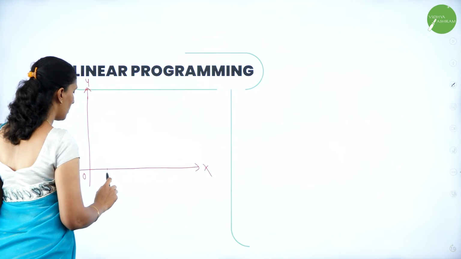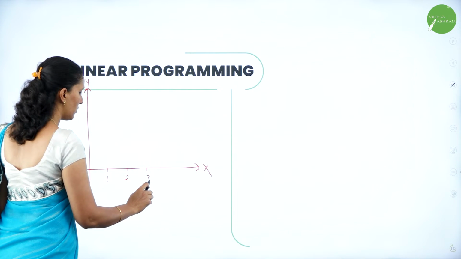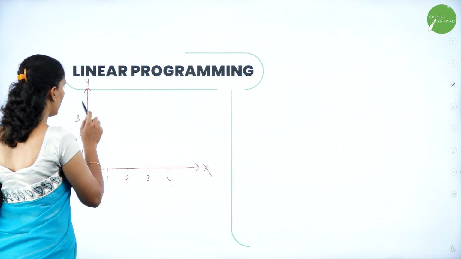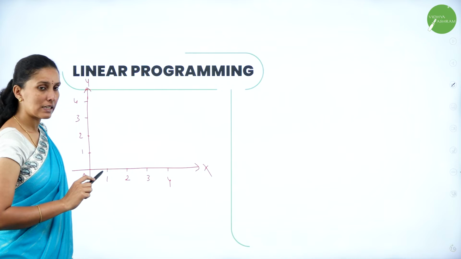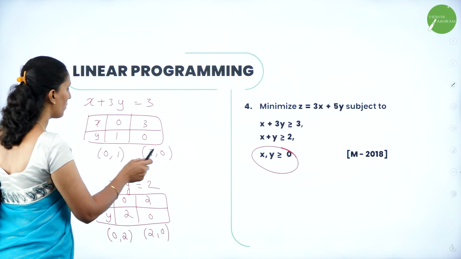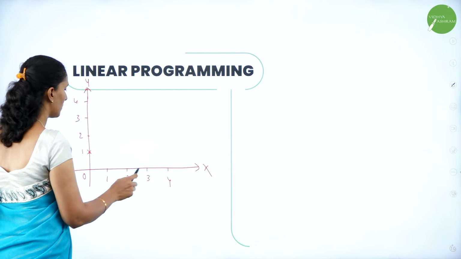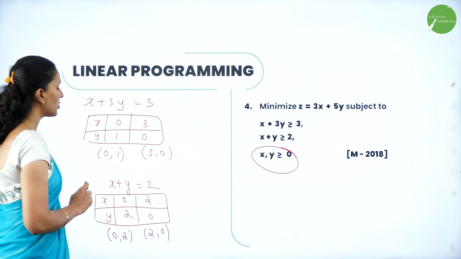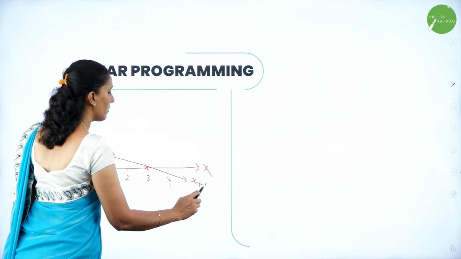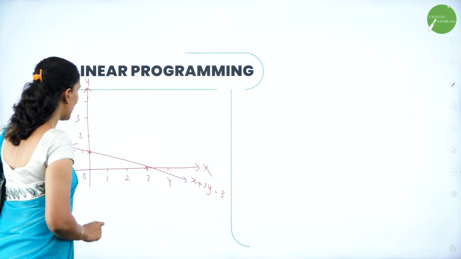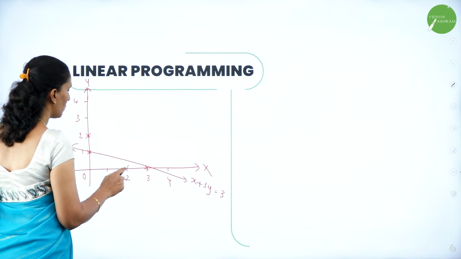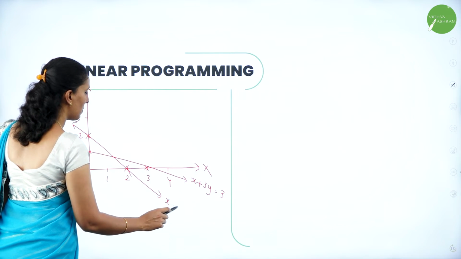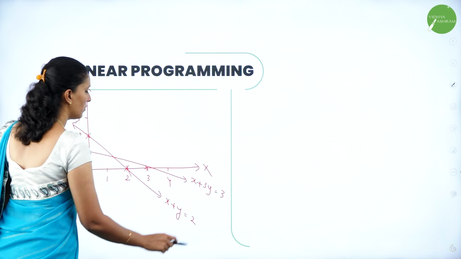This is the origin, 1, 2, 3, 4 on each axis. My first coordinates are 0, 1 and 3, 0. Join the line. The equation is x plus 3y is equal to 3. My second coordinates are 0, 2 and 2, 0. Join the line again. The equation is x plus y is equal to 2.